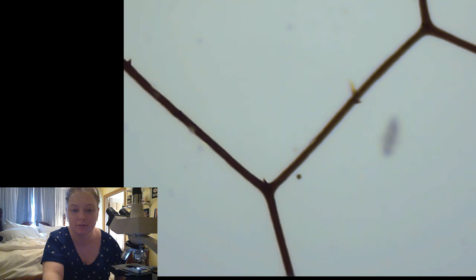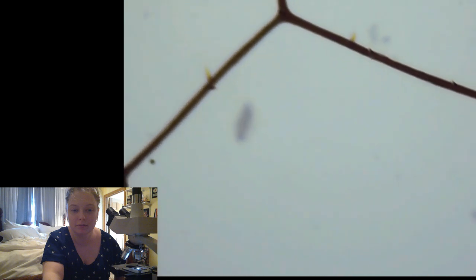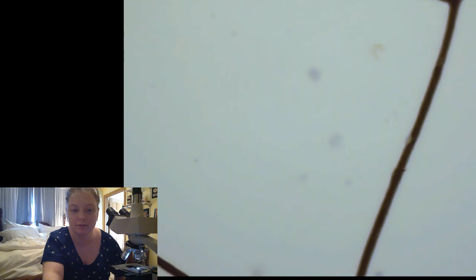So this is our dragonfly wing. You can see these little cells, basically shape. It's kind of neat. It's not a very regular shape. Oh, it's because I left the wing by accident. There it is.